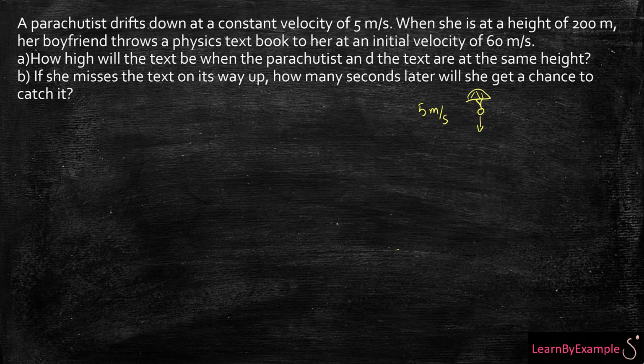So let's say if I consider the ground to be my 0, my height over here would be 200 meters above the ground. And let's say her boyfriend's standing right here, and he throws a textbook upwards to her at 60 meters per second, so it's going upwards pretty fast.